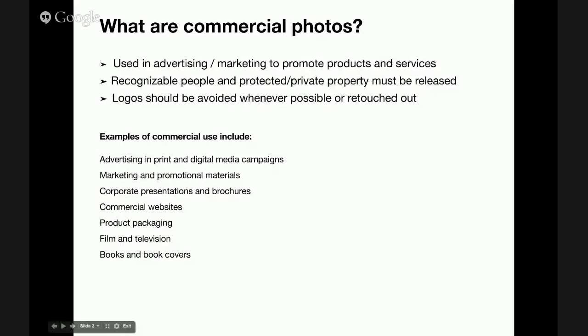But yeah, Heather, do you want to start us off on what a commercial photo is? What do we mean by commercial? So commercial images are used for advertising. They're basically used as promotional tools. They're used to promote services and products, a vast range of things, globally.